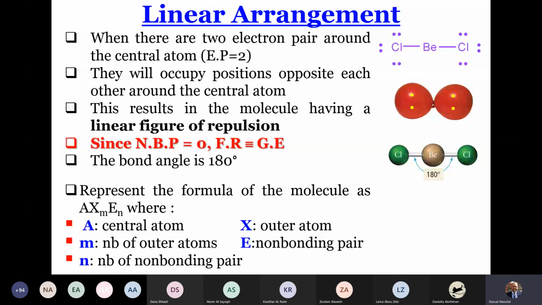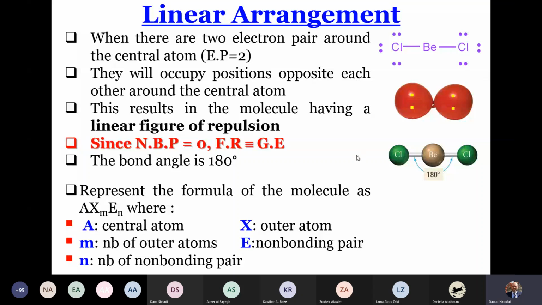Then the molecular shape, or the geometry, is deduced from the figure of repulsion by erasing the non-bonding pairs. So we obtain a certain form, and this form is the geometry.